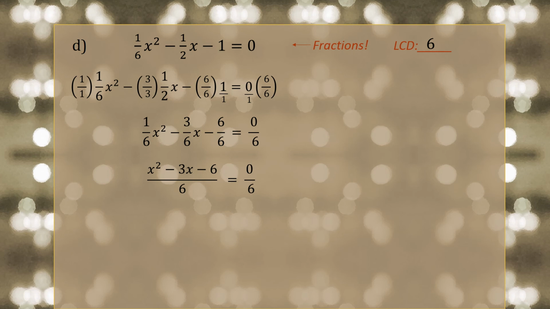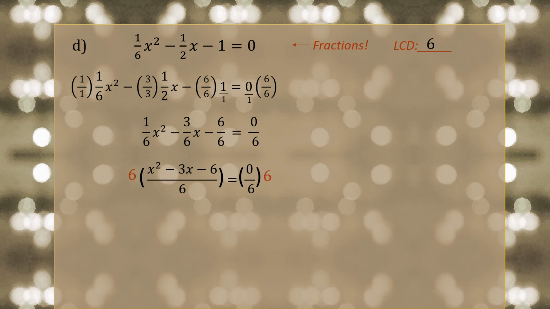Now, why did we do all of this? The goal is we are going to wipe out the fractions. We can multiply the left side of the equation by a number as long as we do it to the right side. Now in this case, with our denominator of 6, the only way to get rid of it is to multiply by 6. But we have to be fair. What you do to one side, you must do to the other side.